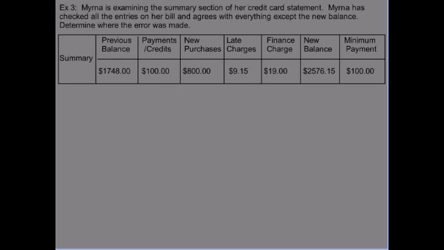Okay, we have Myrna, who's examining the summary section of her credit card statement, and she checked all the entries of her bill and she agrees with everything except the new balance. We want to see if there was an error. So if I subtract here, add, and add, what will it equal? So I've got 1748 minus 100 plus 800 plus 915 plus $19.